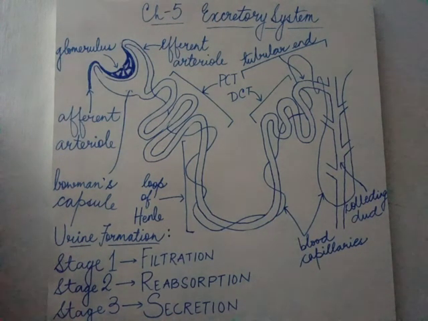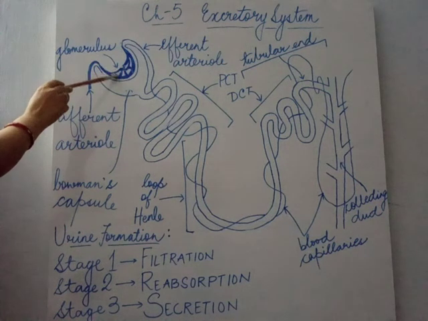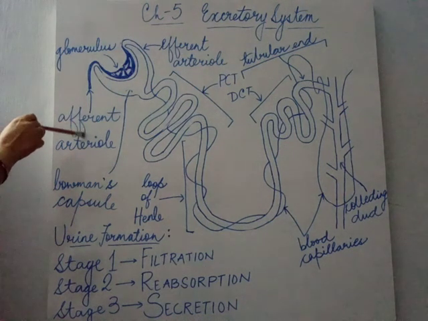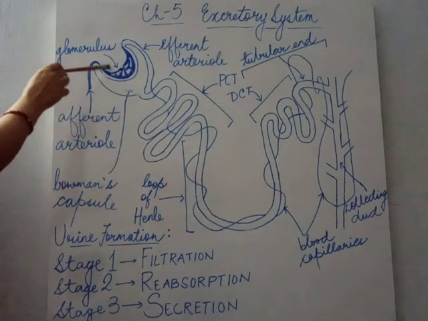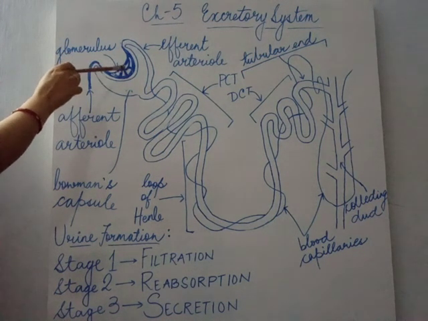And how can we say it acts as a strainer? Because it removes impurities which are present in the blood. Impurities, that means nitrogenous metabolic waste. Blood comes through the afferent arteriole to the glomerulus. And what is the glomerulus? It is a cluster of blood capillaries.